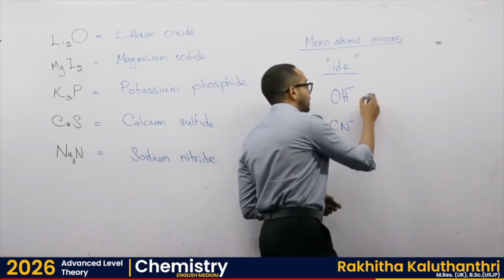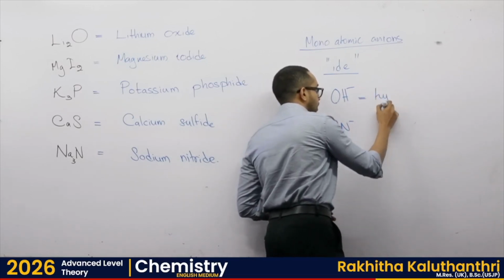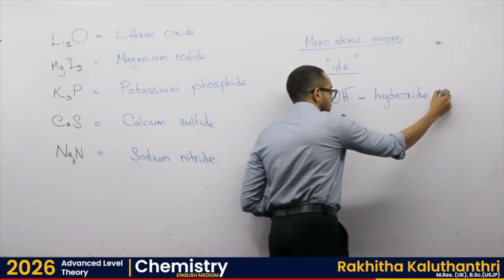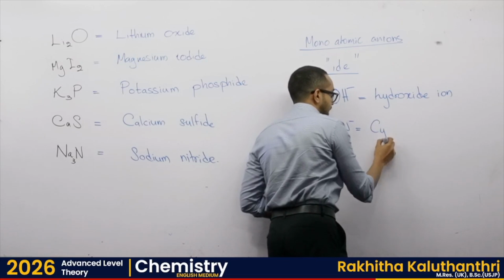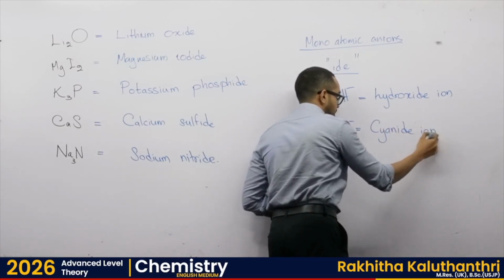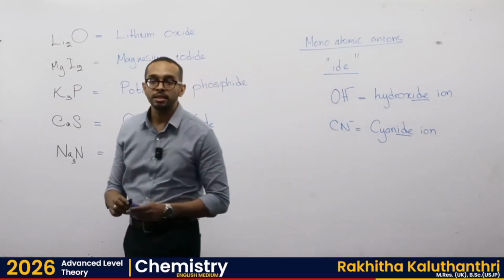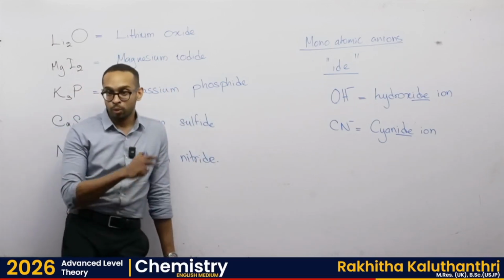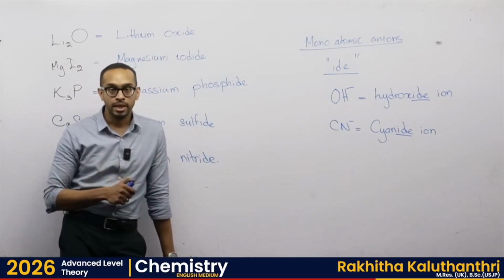They also have the IDE ending. This is named hydroxide. This is called cyanide. These are exceptions. These ions also end with IDE, although they are not monoatomic ions. They are polyatomic ions, and their names end with IDE. Is that clear?